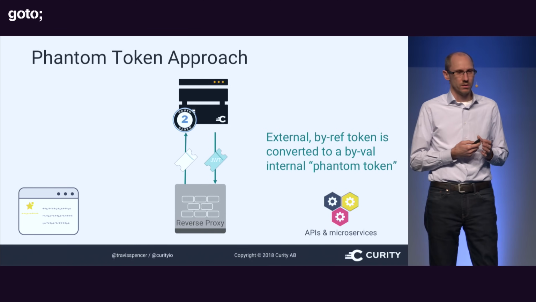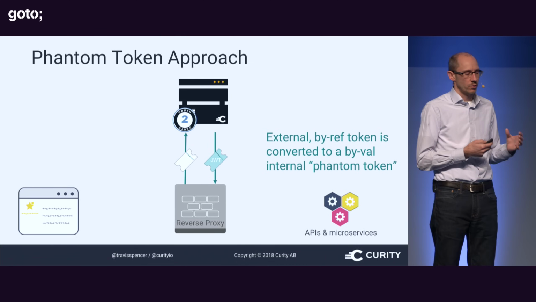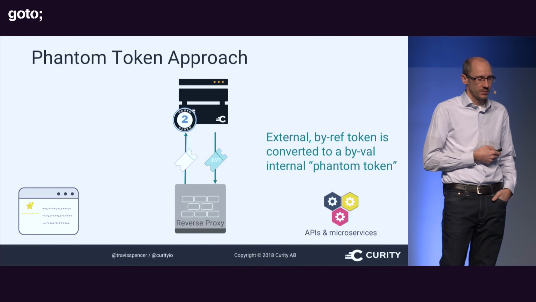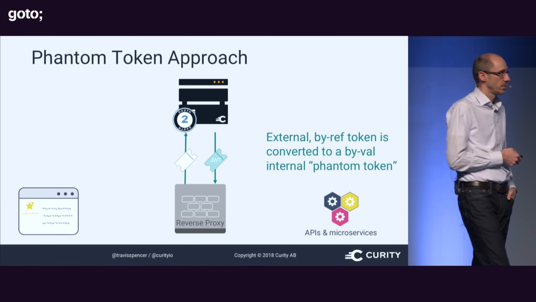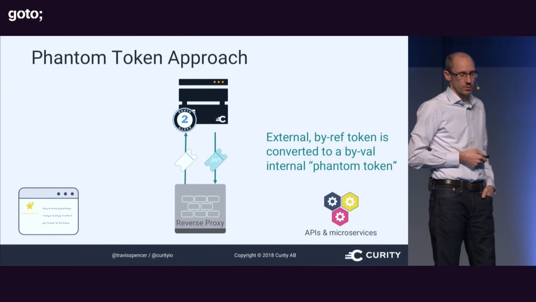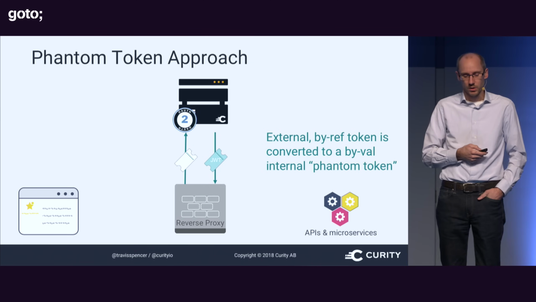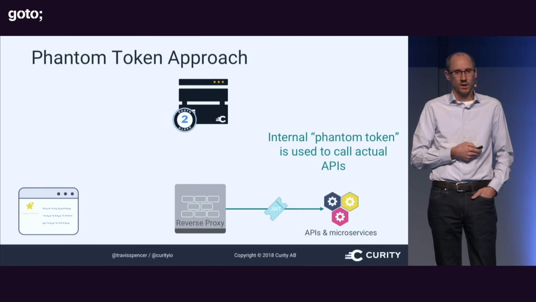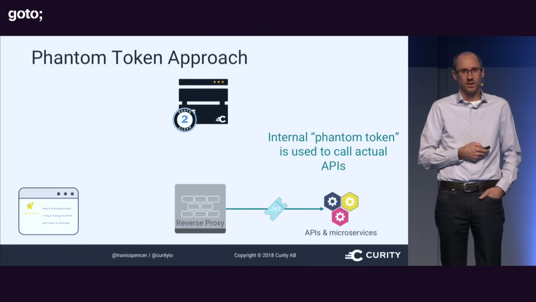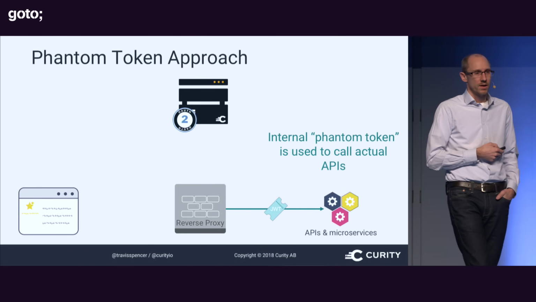So the response then to the reverse proxy is a full-blown JSON web token. And there then it can cache that for an amount of time that is specified in the HTTP response to that introspection call. And then it can forward the JSON web token. So now the microservice doesn't have to deal with the by reference token.